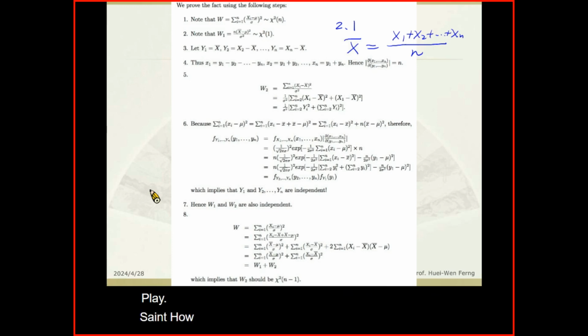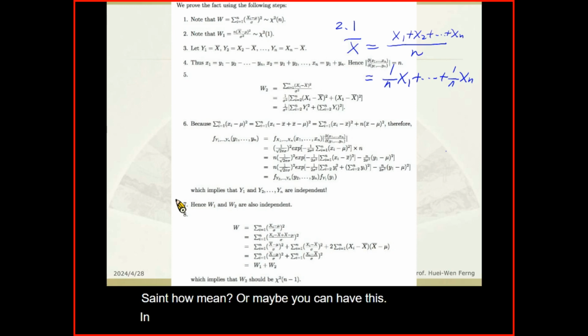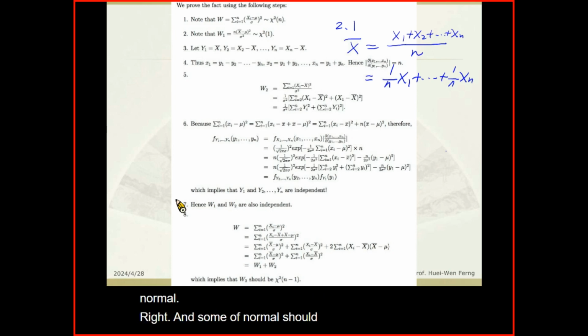Or maybe you can have these. In fact, normal, right? All normal, sum of normal should be normal, right? And sum of normal should be normal. So normal again.